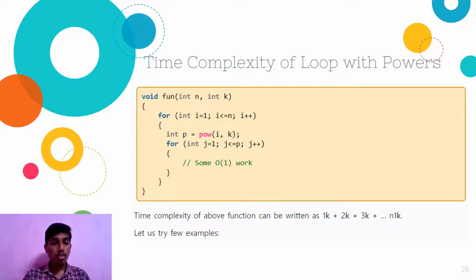Inside this for loop we have taken a power function. This power function is used to find the power of the k value with respect to i. Inside this for loop we also find another for loop, int j equals 1 and j less than or equal to p, and j++, as we can understand.